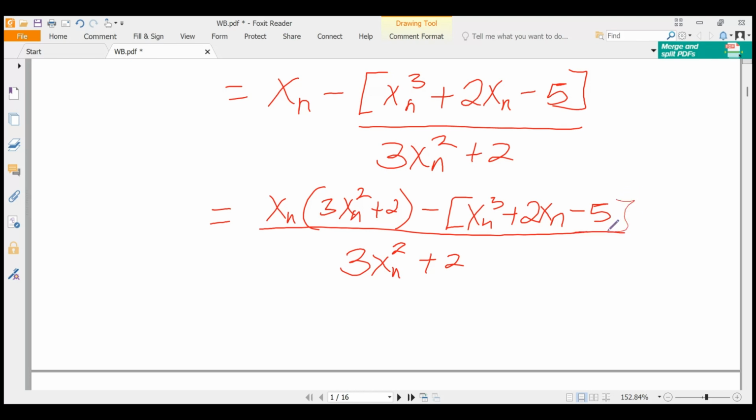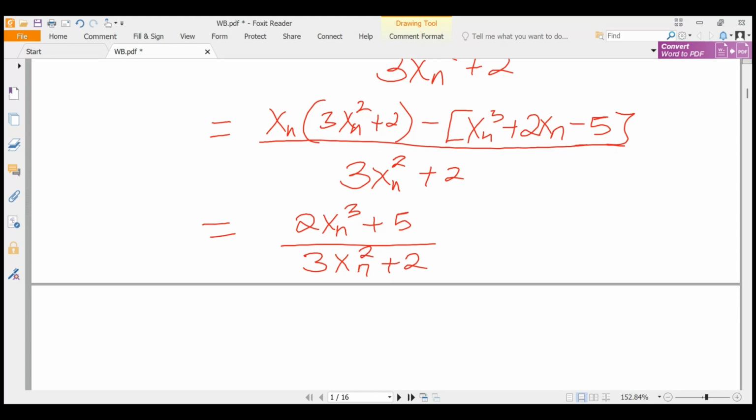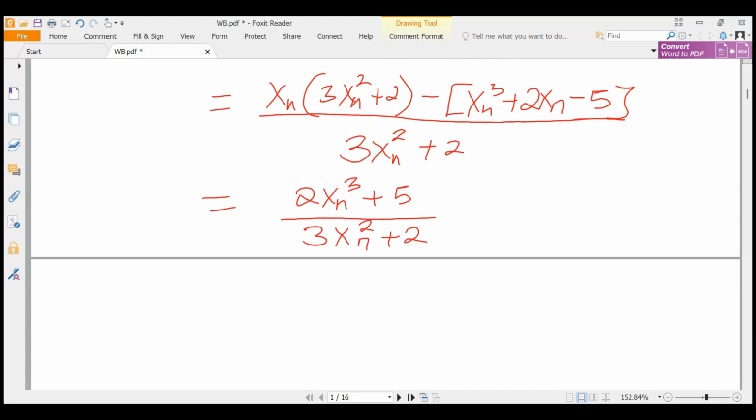If we simplify this, we'll get 2x_n cubed plus 5 in the numerator, and the denominator is 3x_n squared plus 2. So this is the Newton-Raphson method for solving this particular equation.